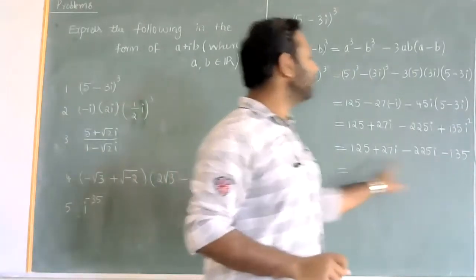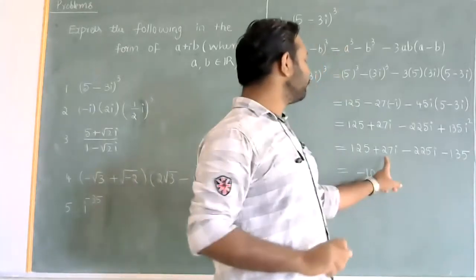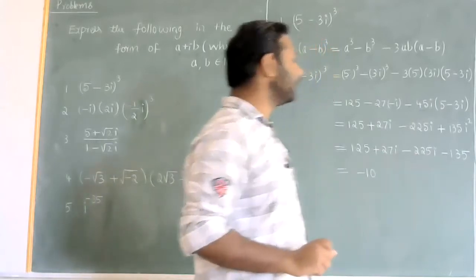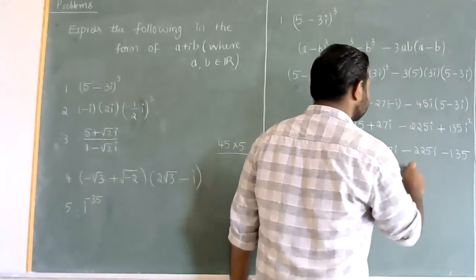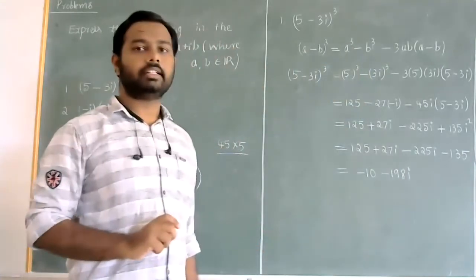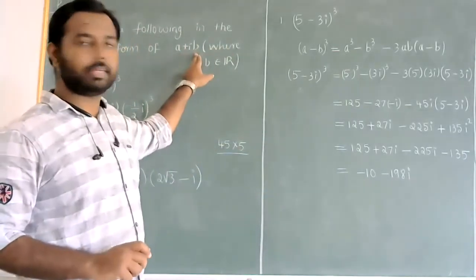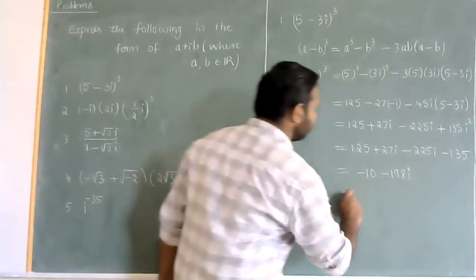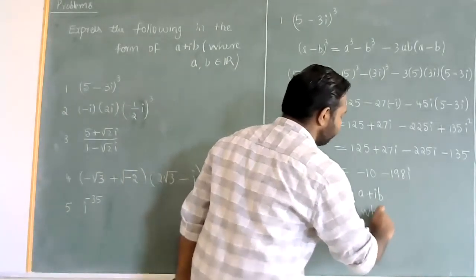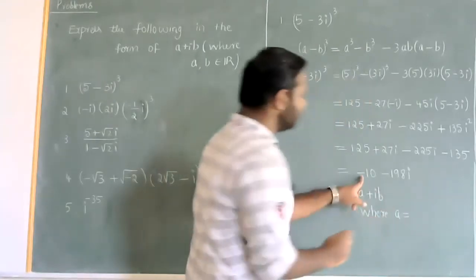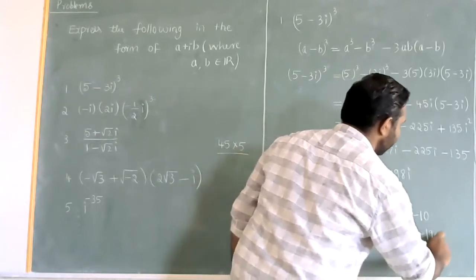So 125 minus 135 means minus 10. 27i minus 225i is minus 198i. So hence we express this in the form a plus ib, where a is minus 10 and b is minus 198.